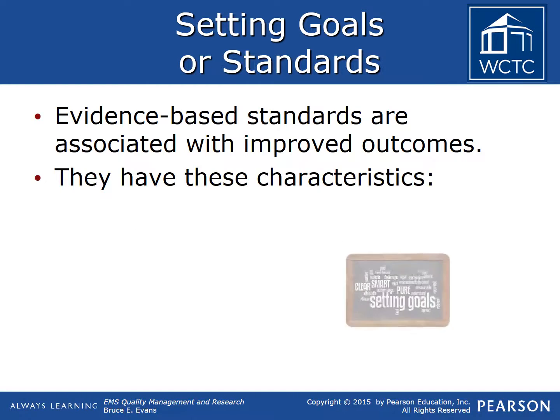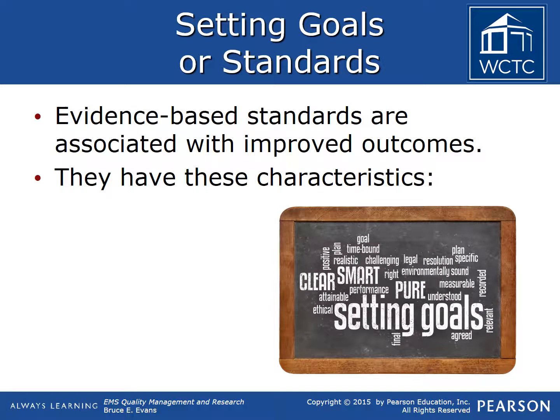When developing goals or standards for an EMS agency, or any organization for that matter, it is important to ensure the goals or standards are realistic, reliable, valid, clear, and measurable. A realistic goal or standard is one that can be obtained or followed with existing resources. A reliable goal or standard ensures a consistent outcome. A valid goal or standard is based on scientific data and evidence or some other acceptable objective experience.